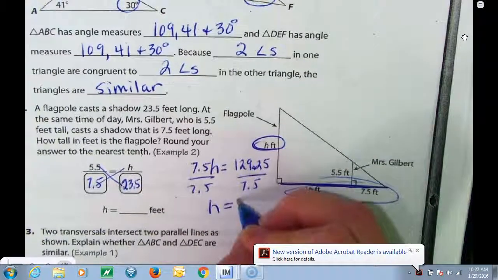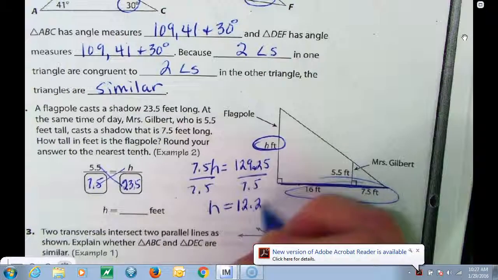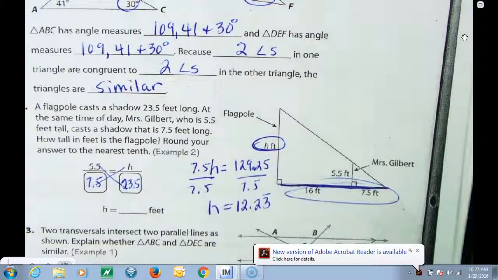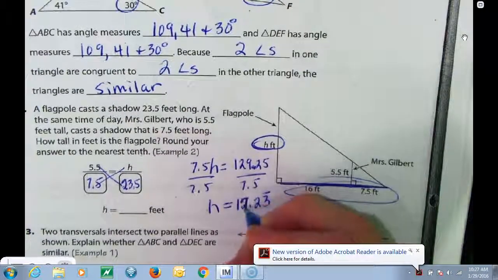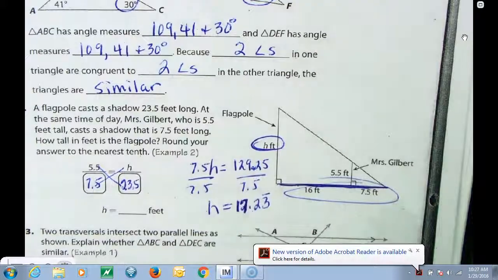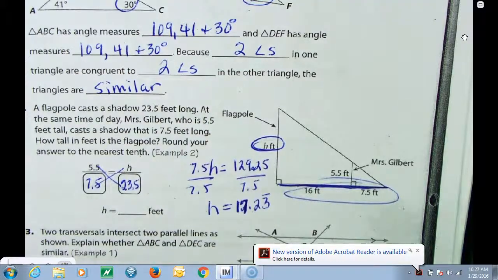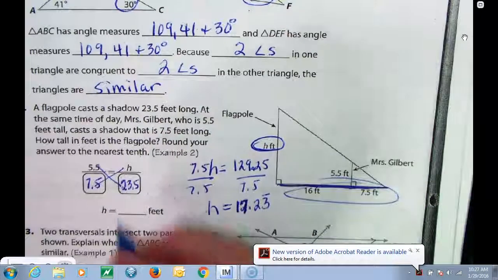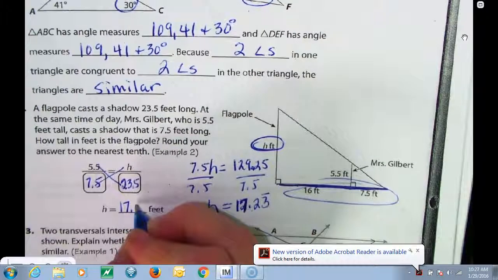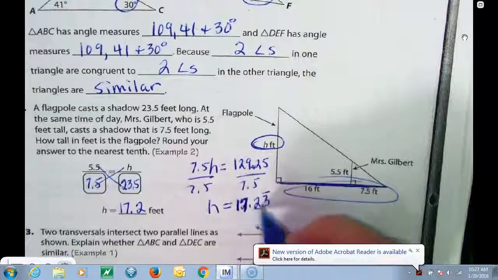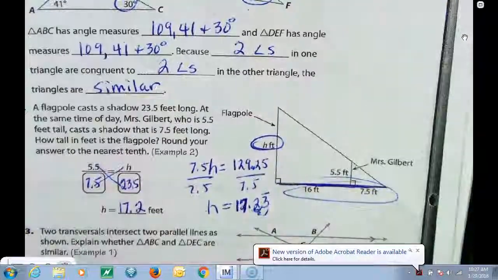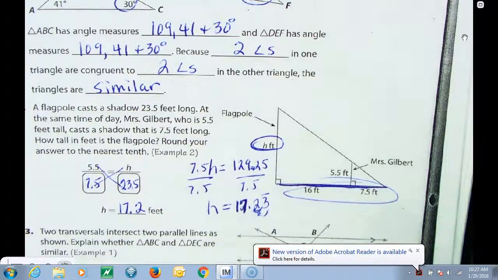What do you get? I got 17.1. Oh, 17.2 repeating 3. It says round to the nearest tenth. So what would that be? Is that right? Yes, because 2 is in the tenths, and 3 tells you to leave it alone. Good. Okay, look at number 3.